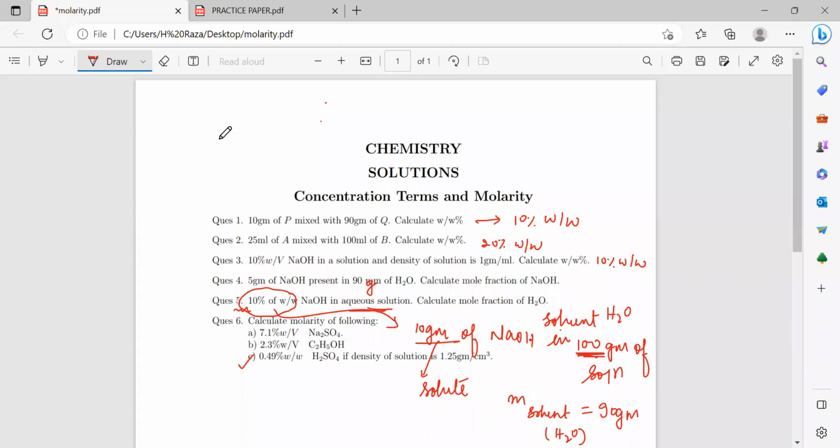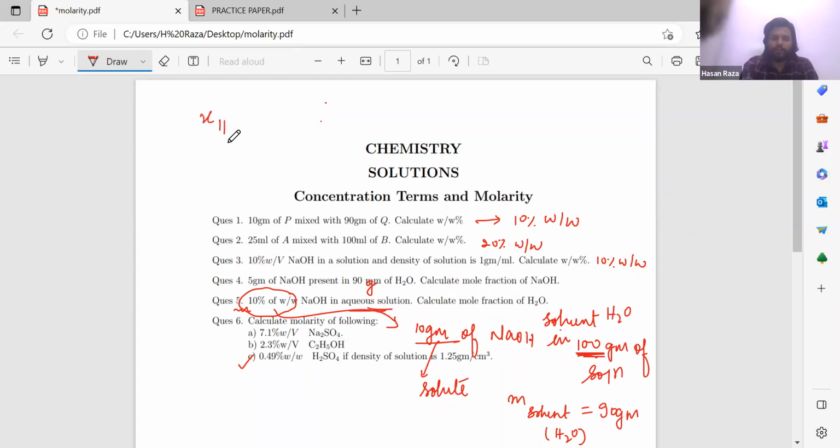If you want to calculate the mole fraction of H2O, then it will be number of moles of water upon number of moles of water plus number of moles of NaOH, sodium hydroxide. Now you can easily calculate the number of moles of water. Given mass, that is 90 gram, upon molar mass 18, so you will get 5. And number of moles of NaOH, that means given mass 10 gram upon molar mass 40, you will get 1 by 4.